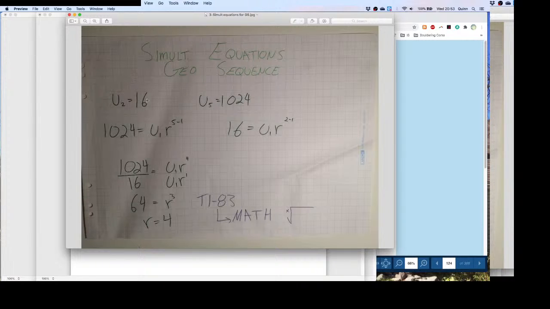So notice that I have U2 and U5. They're too far away to find a common ratio. So what I do is I create one equation with U2, and then I create another equation with U5. This is the U2 equation, and this is the U5 equation. And what I have is two equations and two unknowns.